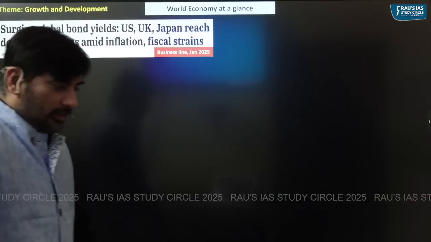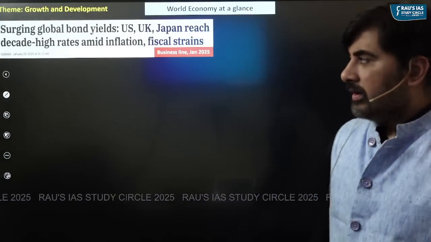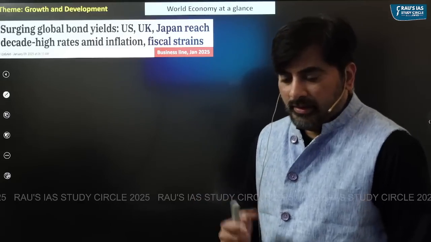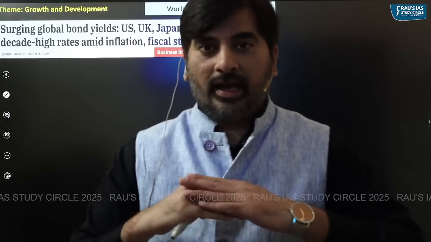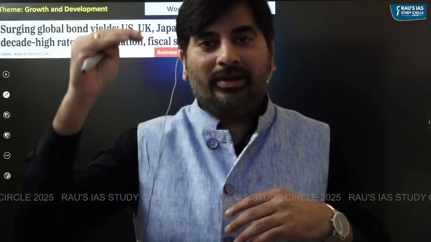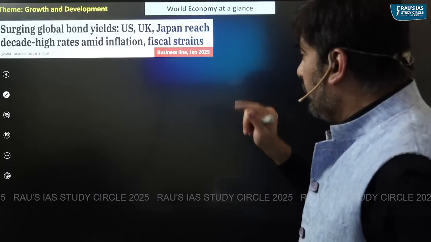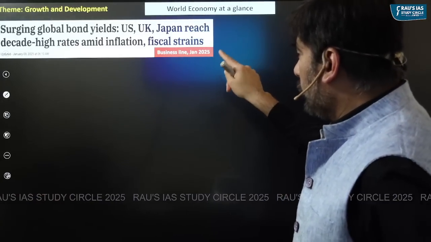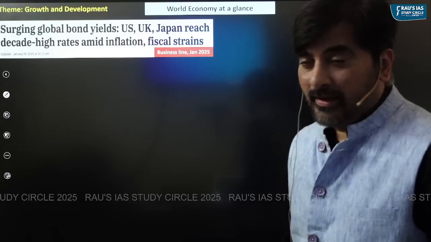Now coming to the last development at a global level. You can see here, recently it has been reported in various newspapers that the bond yields in most of the global economies have been increasing. So if you see, bond yields in US, UK, Japan have increased to almost a decade high.